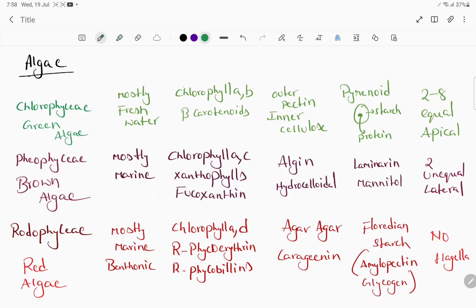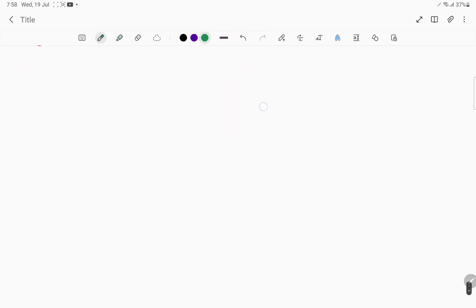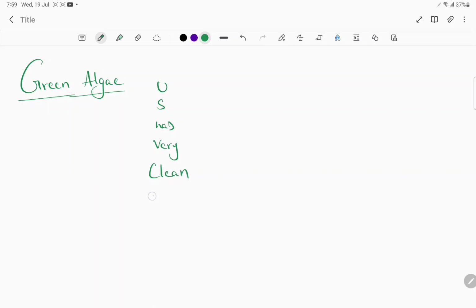Right? Let's talk about the examples part. First, green algae. U for Ulothrix.